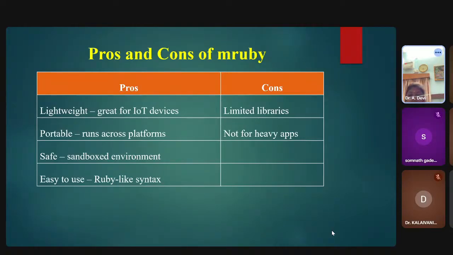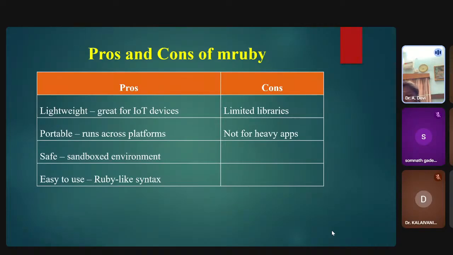But of course we also need to remember some limitations here. It has only limited libraries when compared to standard Ruby. So advanced functionality might not be available. And another disadvantage is that it is not meant for heavy applications.